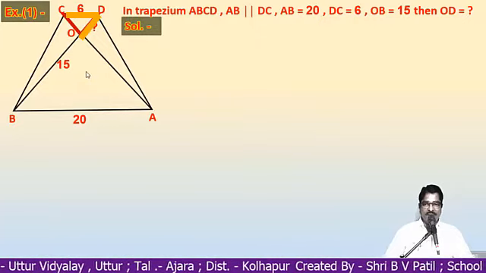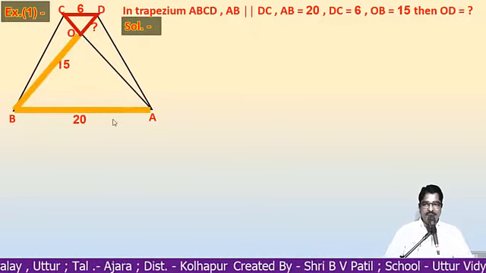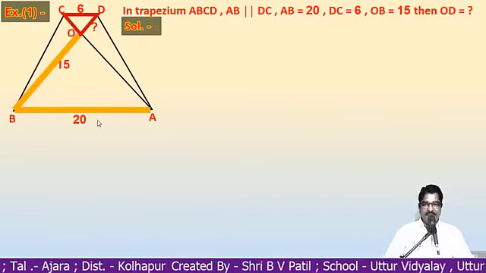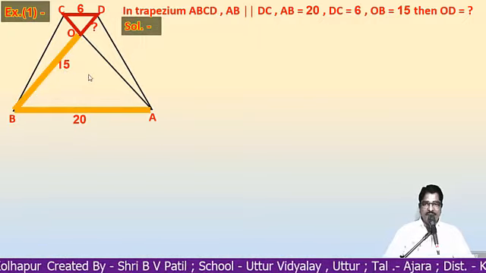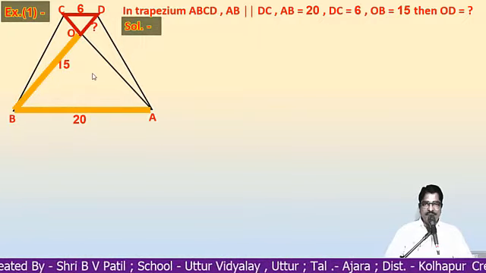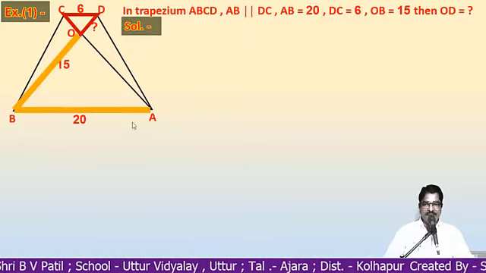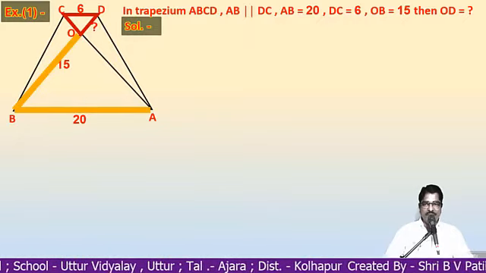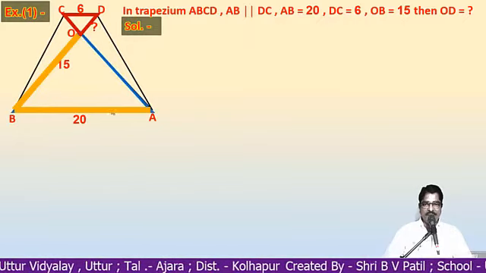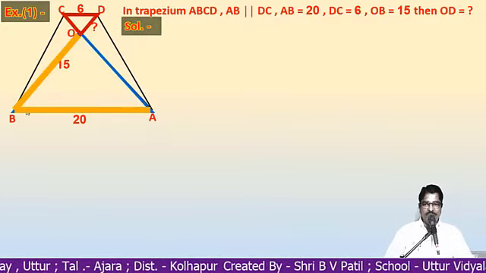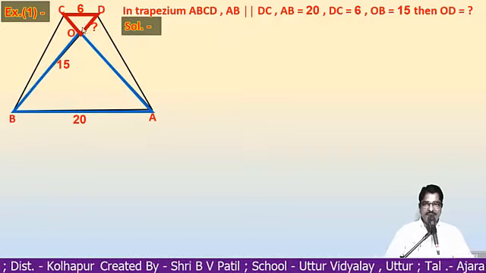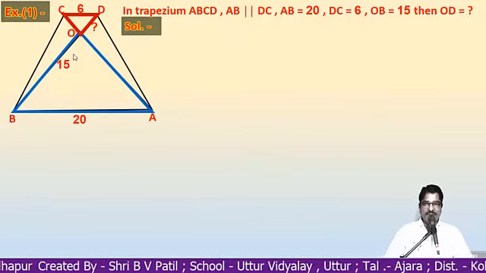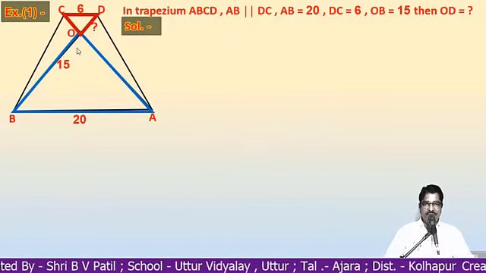And AB is 20 and OB is 15, so the triangle whose sides are AB and OB is triangle AOB. We show that these two triangles are similar because they are not congruent.